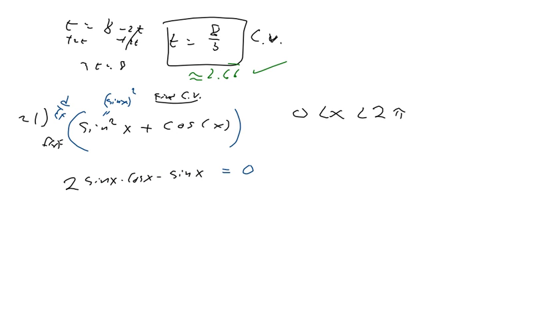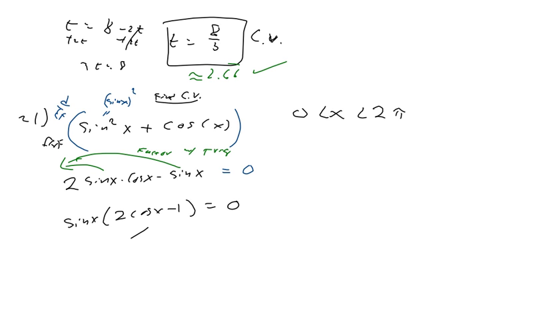So I'm going to factor out the sine. With trig equations, instead of solving like a normal one, you generally want to factor. So we're going to get sine times 2 cosine minus 1.